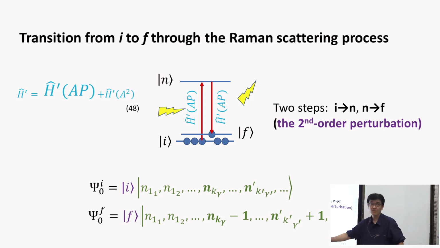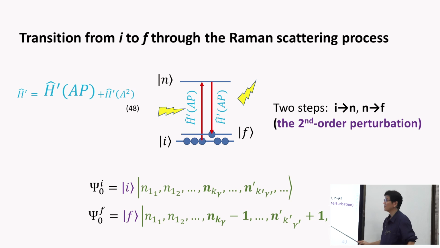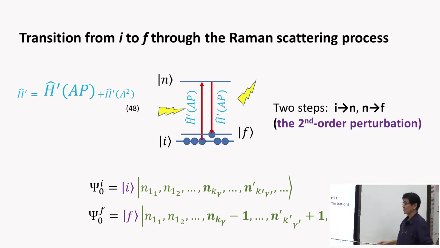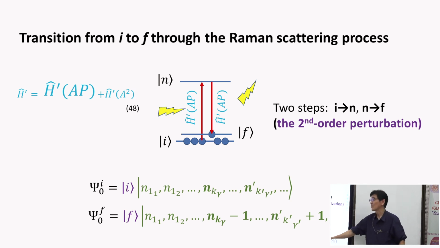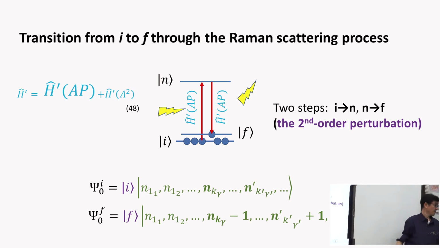The wave function includes the molecular wave function F of the final state and the number of photons. Something decreases by 1, something increases by 1. This is, some photon disappears, a new photon appears. So the Raman process is expressed in this way. Okay.